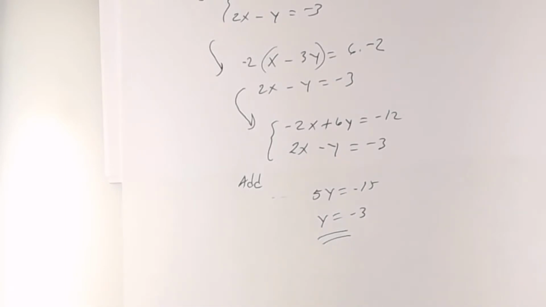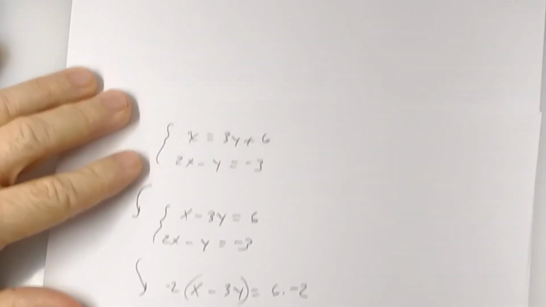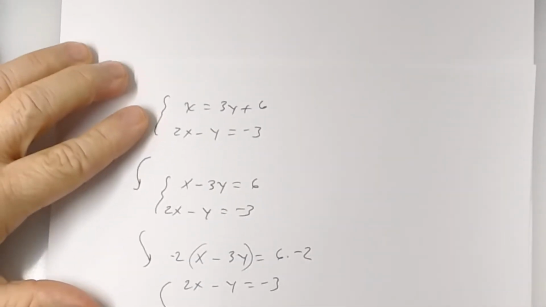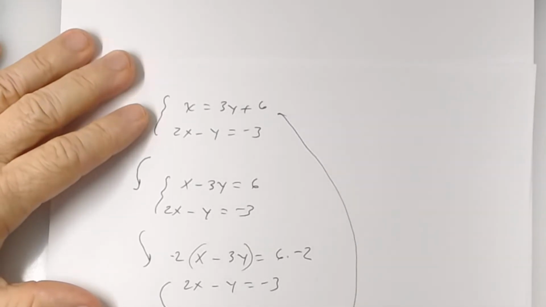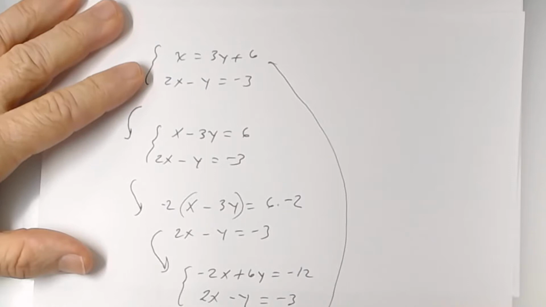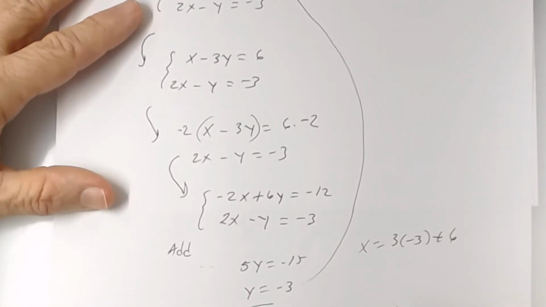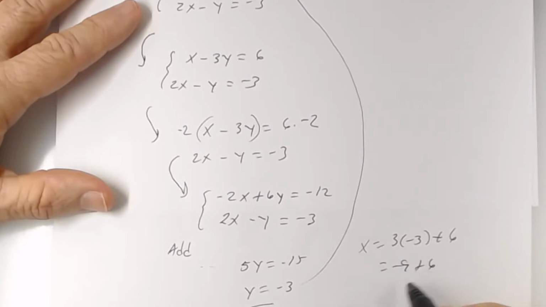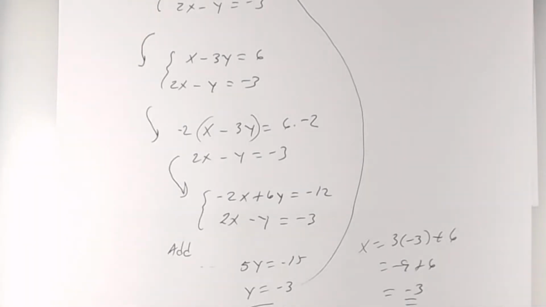Now you could do elimination again, but let's just do substitution. It's quicker because look, I'm just going to go back to the original, and in place of y, what will I substitute? Negative 3. So I get x equal 3 times negative 3 plus 6. So that's negative 9 plus 6, which is negative 3. So that's what you would have done if you had used substitution.